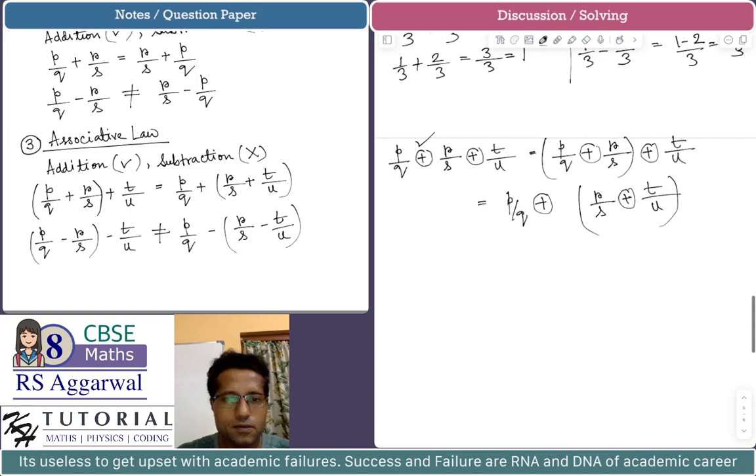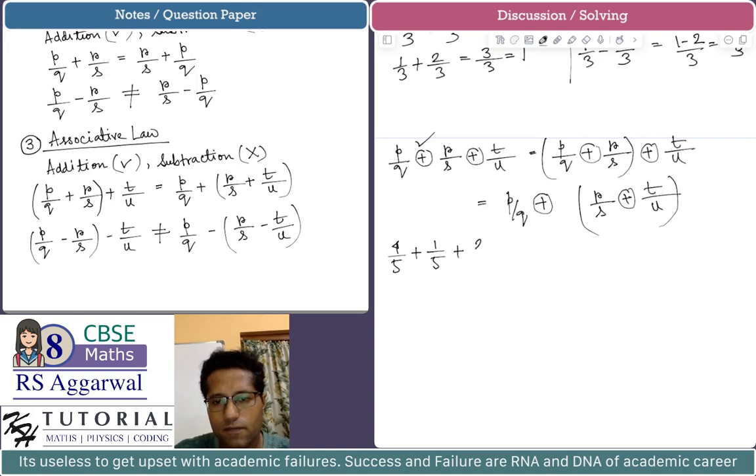Now for addition, what this essentially means is that, let's take some examples. 4 by 5 plus 1 by 5 plus 2 by 5. I am taking simple examples with the same denominator so that it will be easy for computation.